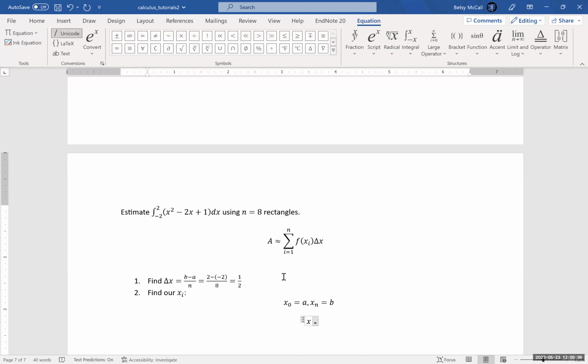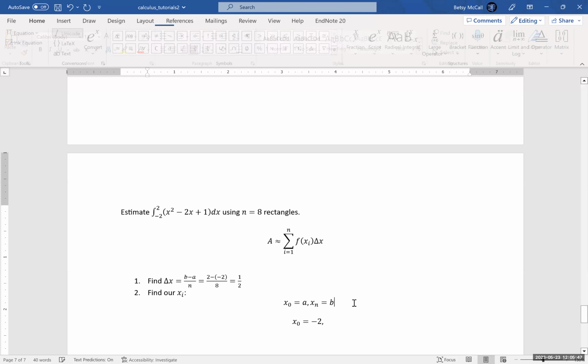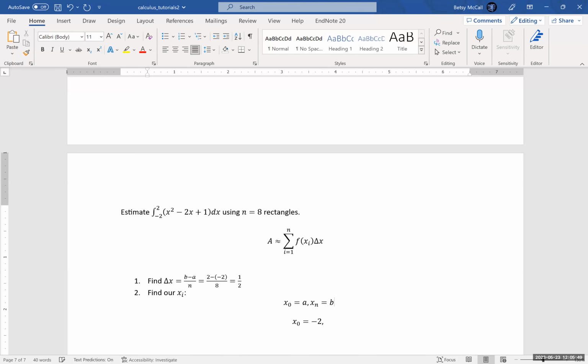So in our example, x sub 0 is equal to negative 2. And then each point after that is going to add delta x.